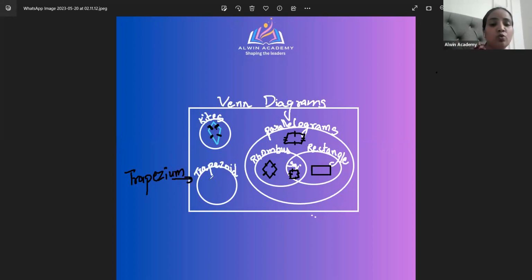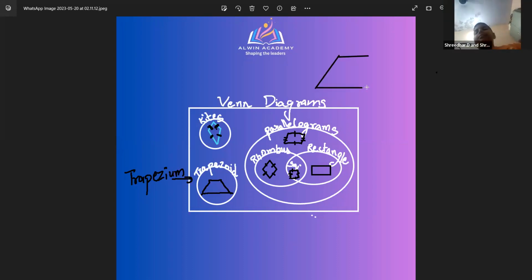So when I draw 2 lines parallel like this, and 2 sides that are not parallel, we call it a trapezoid. So the basic property of a trapezoid is that only one pair of opposite sides is parallel. Got it, everyone?